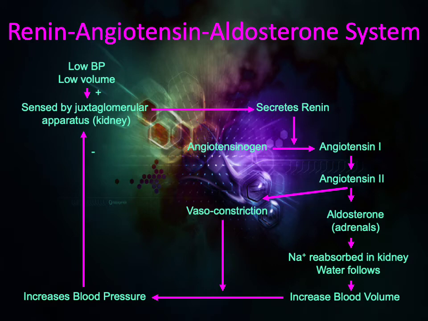The juxtaglomerular cells sense low blood pressure and secrete renin, which activates angiotensinogen, synthesized by the liver, becoming activated angiotensin 1. Angiotensin 1, in turn, activates angiotensin 2, which signals the adrenal glands to secrete aldosterone. Aldosterone increases the reabsorption of sodium in the DCT. Water follows sodium, which increases blood volume, which in turn increases blood pressure.